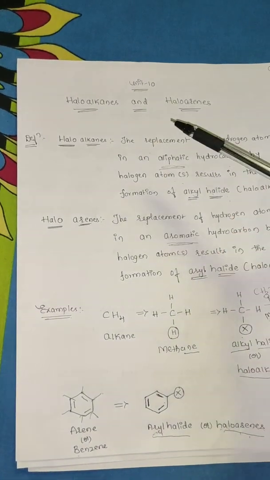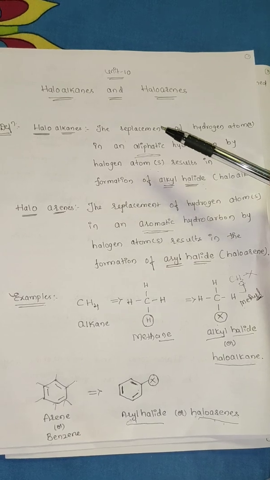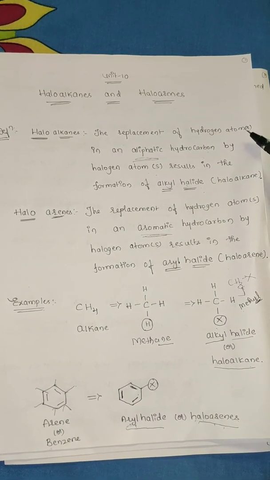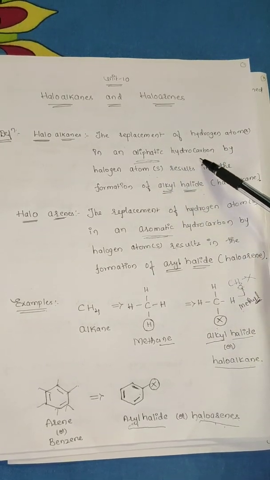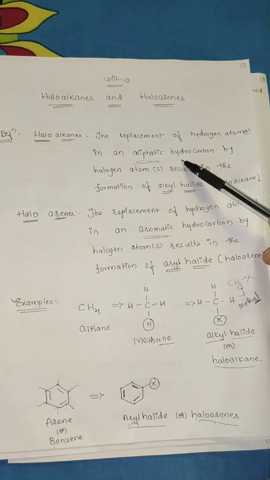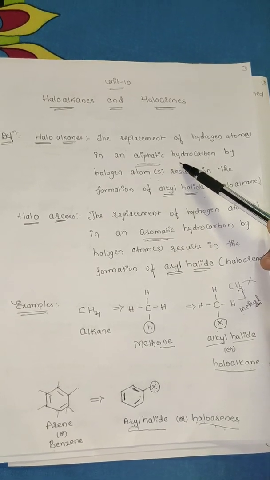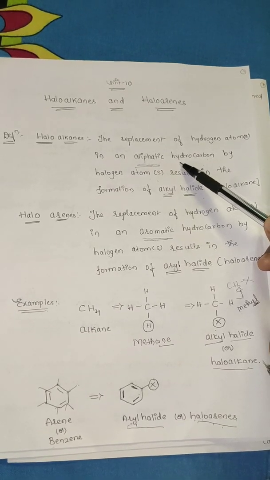First of all, we will see the definition of haloalkanes. Haloalkanes are nothing but the replacement of one or more hydrogen atoms in an aliphatic hydrocarbon. An aliphatic hydrocarbon may consist of a chain or branches, but it does not have any cyclic system.